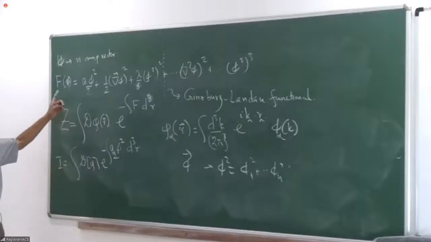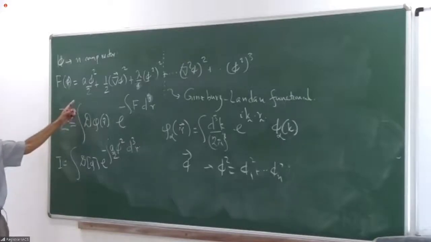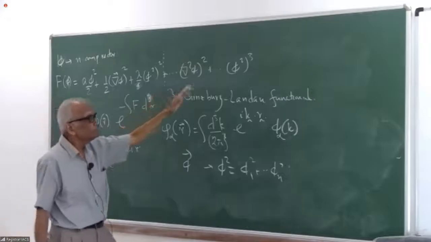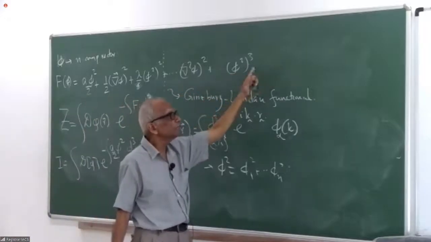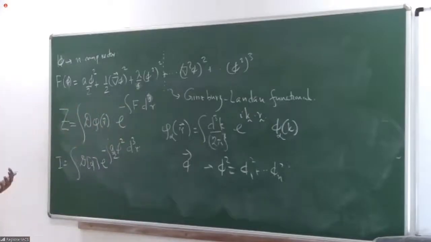There is no reason to say plus m, whether the magnetization is pointing up or down makes no difference if I don't have a magnetic field. If I have a magnetic field, then the symmetry is broken, and I would be putting in a term which is minus h·φ. But if no external field, spin up, spin down makes no difference.